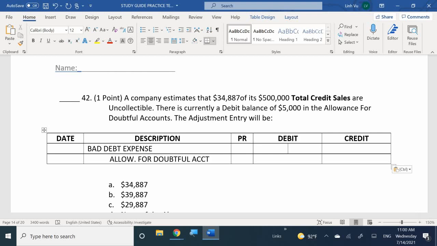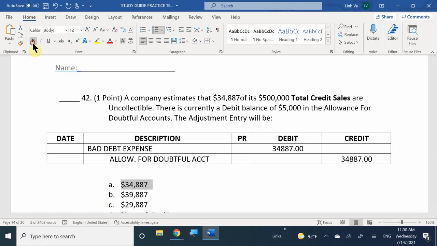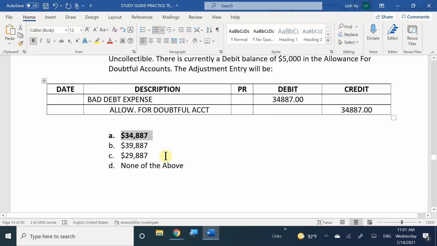Do we care about what balance there is in the allowance for doubtful accounts? No. So our answer is going to be 34,887. This is a good example to keep practicing over and over, because the quickest way to get the answer is to memorize those little key terms.